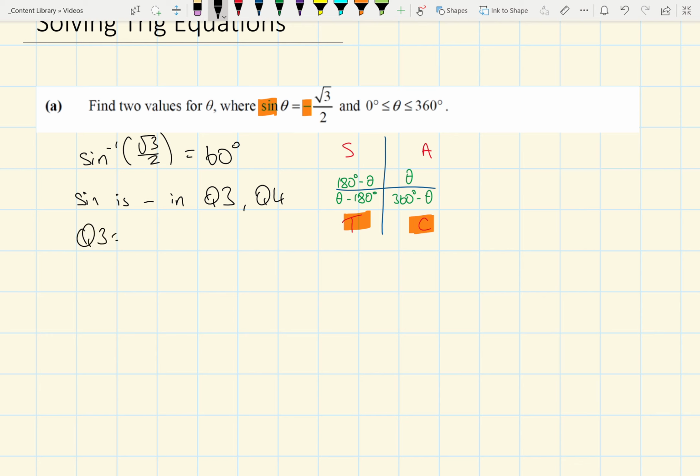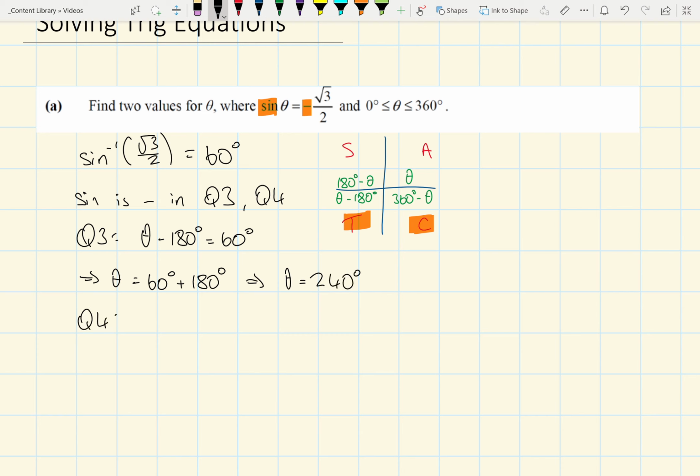So our approach for Q3 will be theta minus 180 is equal to 60. We get theta equals 60 plus 180. And that tells us that theta is equal to 240 degrees.